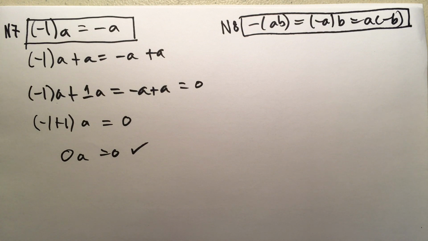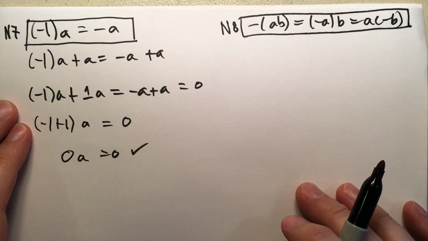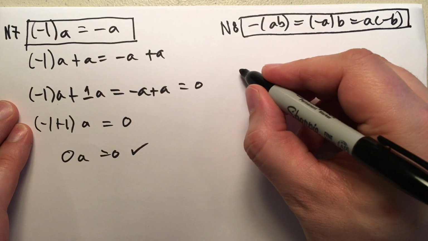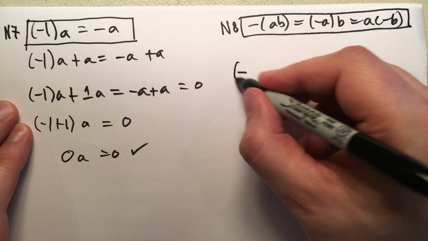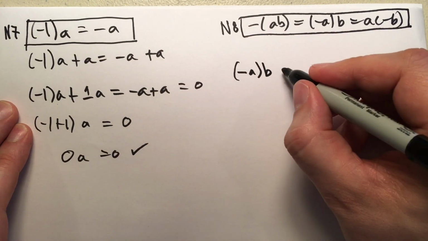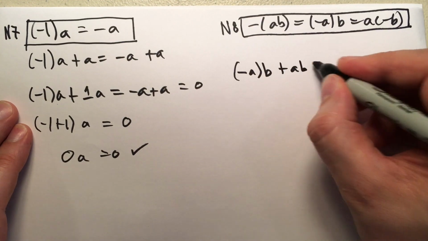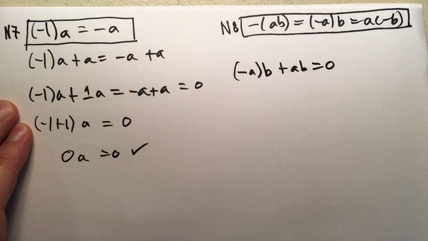Okay. Let's do a quick proof. We're trying to show that minus AB is the negative of AB. If they were opposites, then minus AB plus AB would be equal to 0. Remember that from an earlier equation?